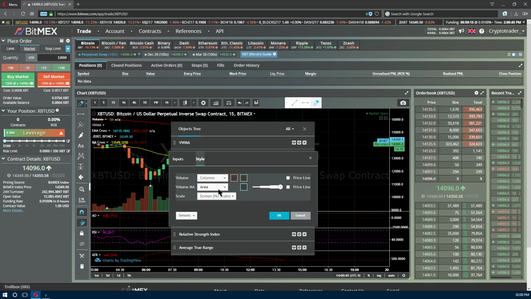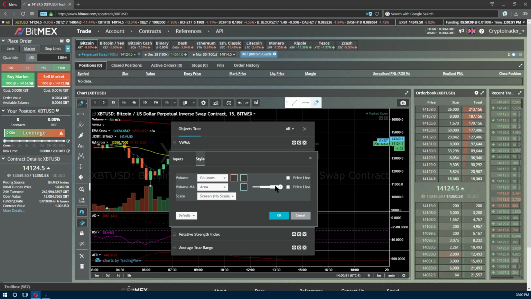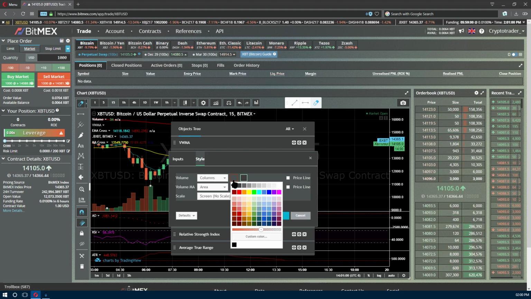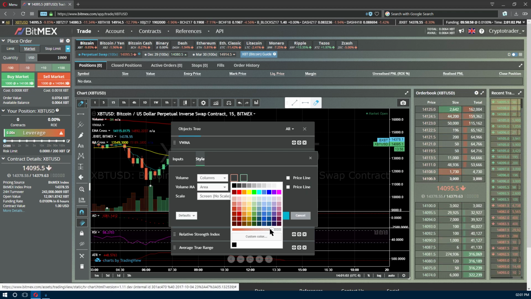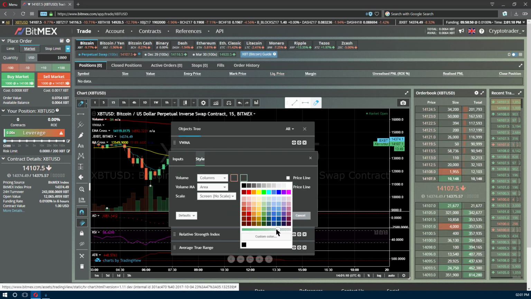I'm going to style, input style, columns, area. What's this do? Okay, let's do a green red column thing. I want to see if I can kind of get them to disappear a little bit. Right there, like right there.